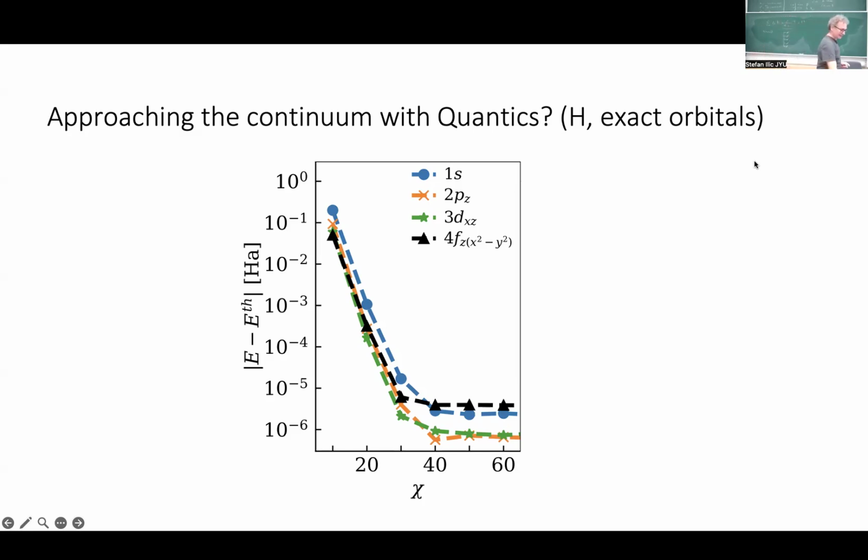Yes. This is the kind of error that you get versus rank. And you see, at some point you get something like 6 digits. It saturates because we use, I think in this case, 20 bits per dimension, or maybe 15.